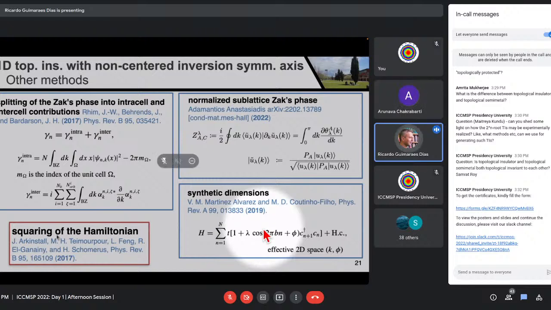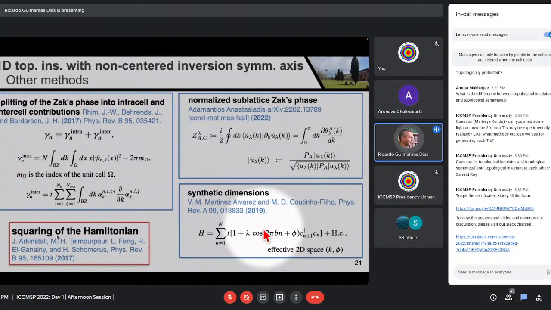Okay, I can. For instance, the first realization that we hope to do, we are working on two platforms, basically. We have one here, we are trying to do the acoustic lattices here in my department, but we are collaborating with people in Barcelona on photonic systems. And the sine cosine chains are very easy because we only need different hopping terms.